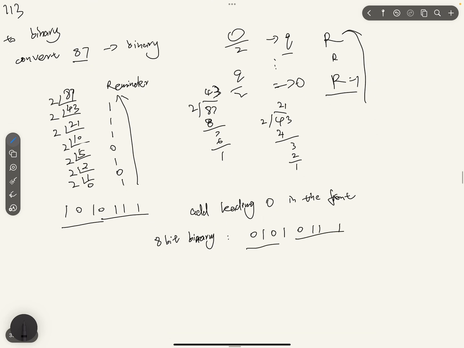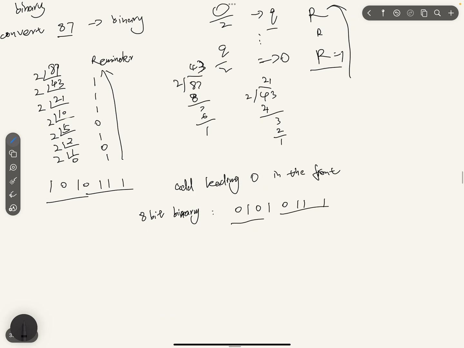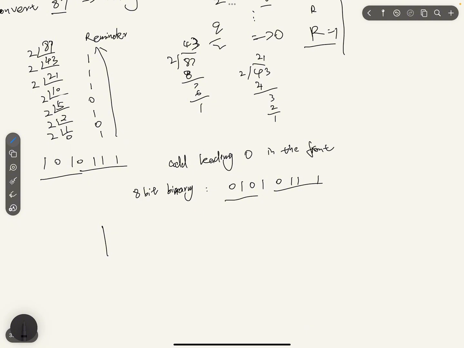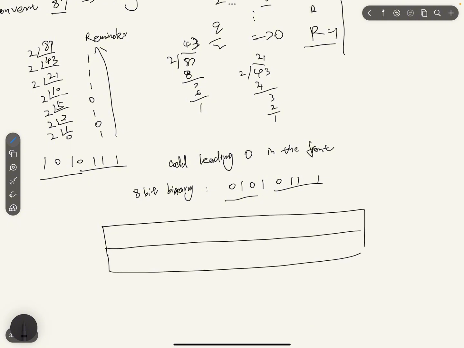So in order to test the result to see if it's right or not, we just create another table for it. So we have 0 1 0 1 0 1 1 1. This one, that's our result for binary. In order to test the result, we have this table.